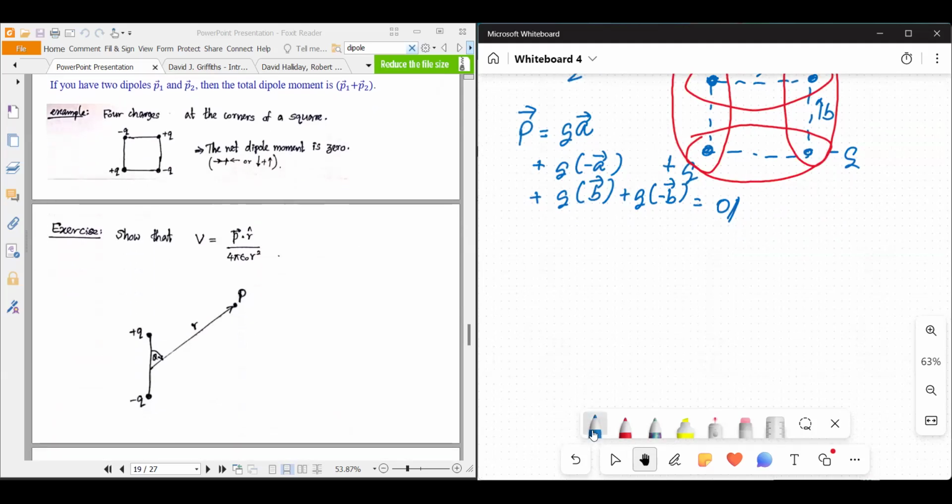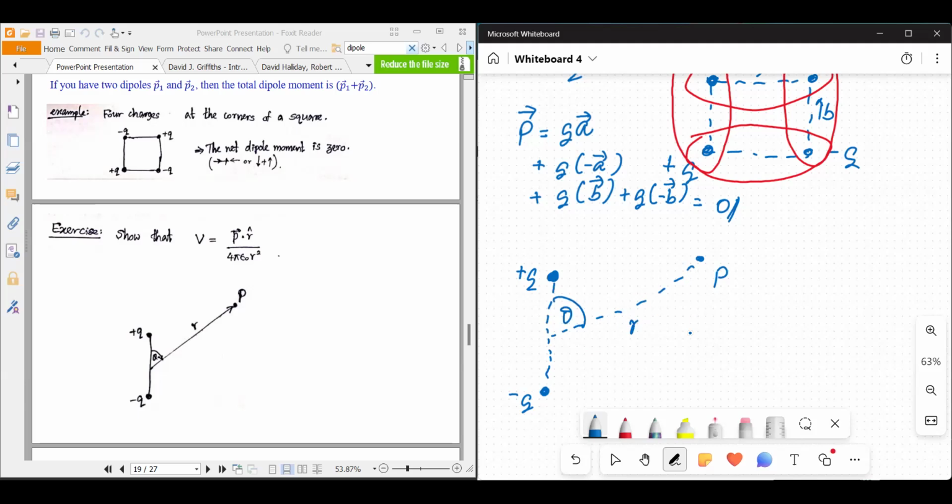Now let's try this one. So we have an electric dipole plus Q and minus Q, and we need to calculate the potential at a point P. The angle here is theta with a distance r.